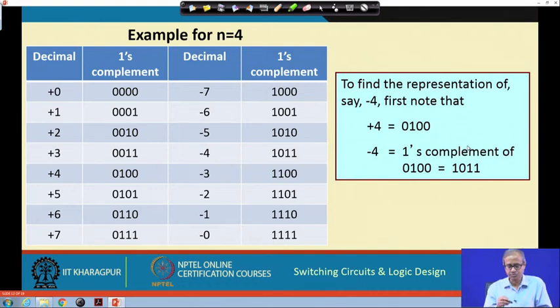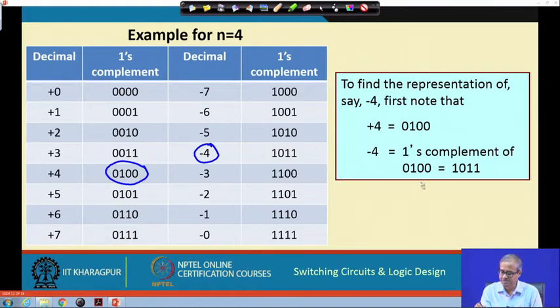So, this table shows you the representations in 1's complement form. For the positive numbers, as I said, they are the same as the sign magnitude form: 0, 1, 2, 3, 4, 5, 6, 7. But for negative numbers, it is a little different. Well, here I have worked out one. Let us say I want to represent minus 4. So, how do I do it? I first take plus 4. Plus 4 is 0 1 0 0. Then I take 1's complement of 0 1 0 0.